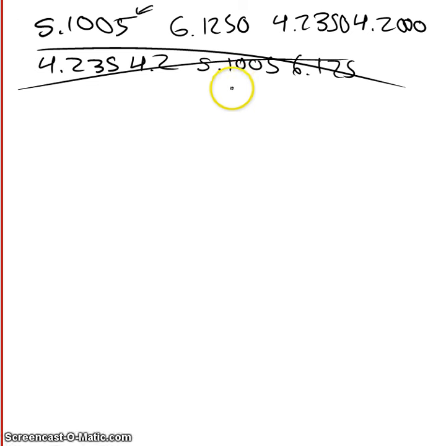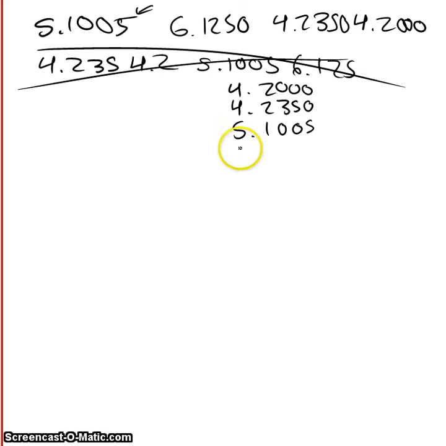Now it's clear to see which one is the winner. This one has 350 more thousandths than this one, so it's obviously bigger. This one has one whole number more, so it would be bigger than 4.